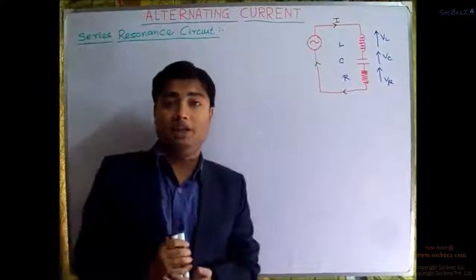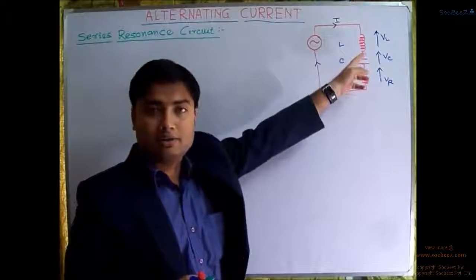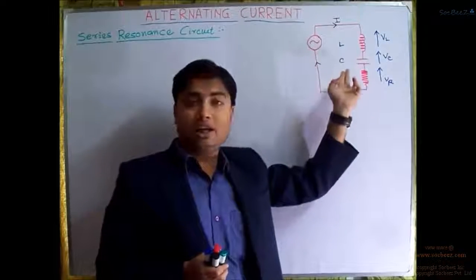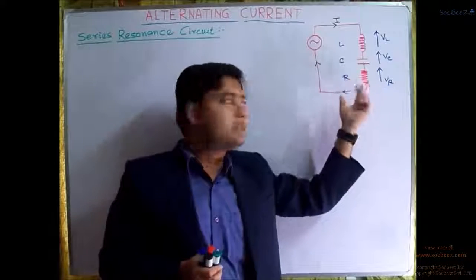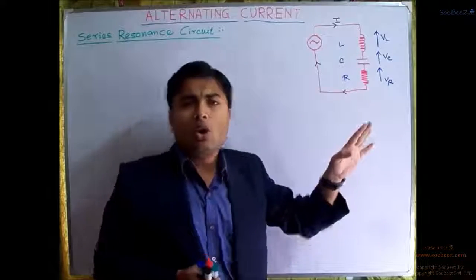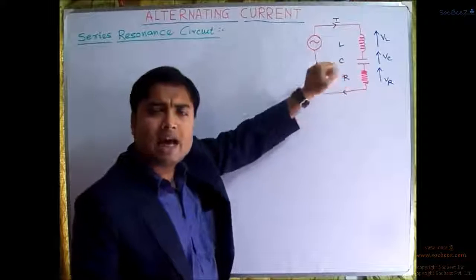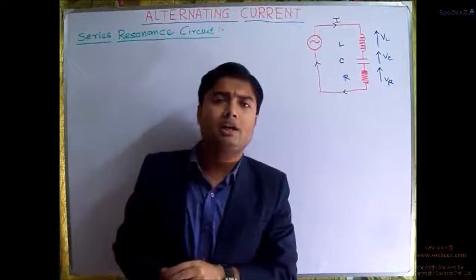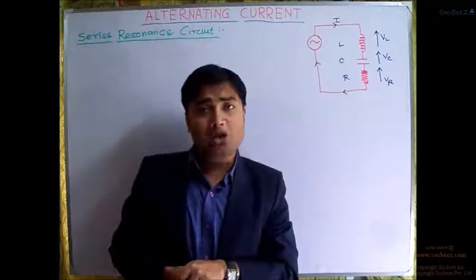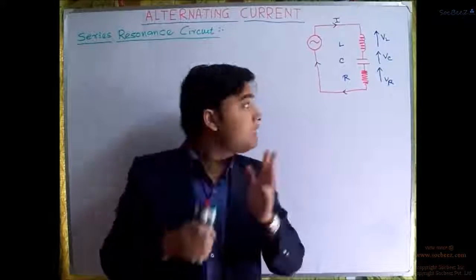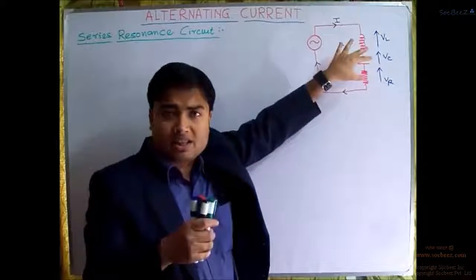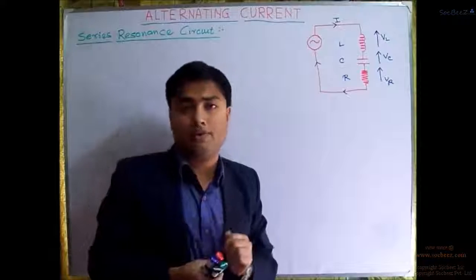As we have seen, the inductor has an inductive reactance XL, the capacitor has a capacitive reactance XC, and the resistor simply has resistance R. All of XL, XC and R are measured in the SI unit of ohm. So let us draw a graph of reactance in ohm versus frequency.